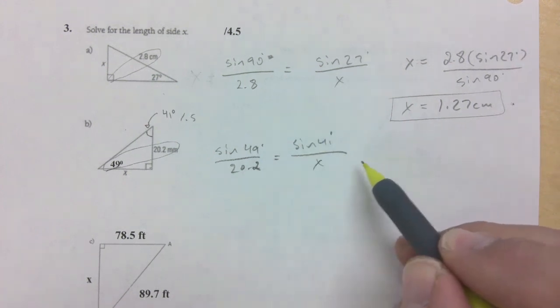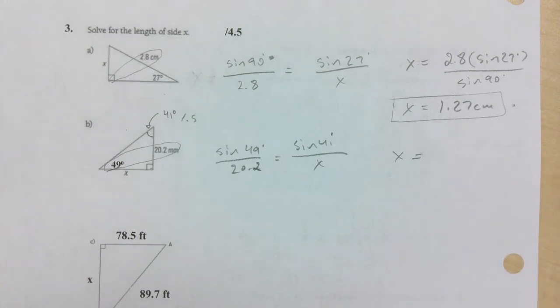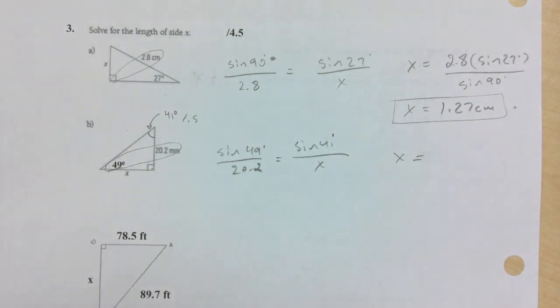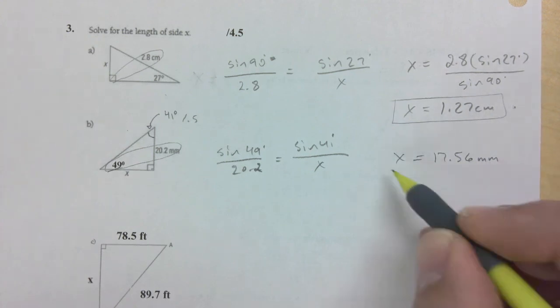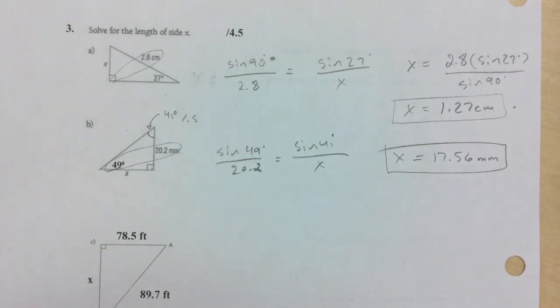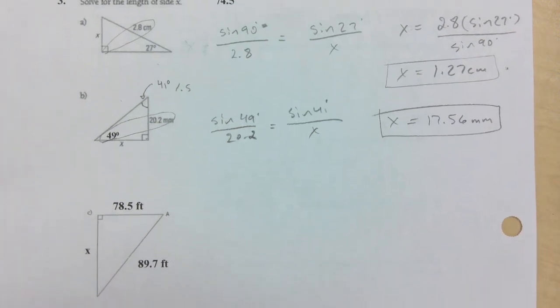I will skip the work, because you should know at this point how to do it. That's 17.56 millimeters. So if you have the right answer and the work, you get 1.5 on there too.